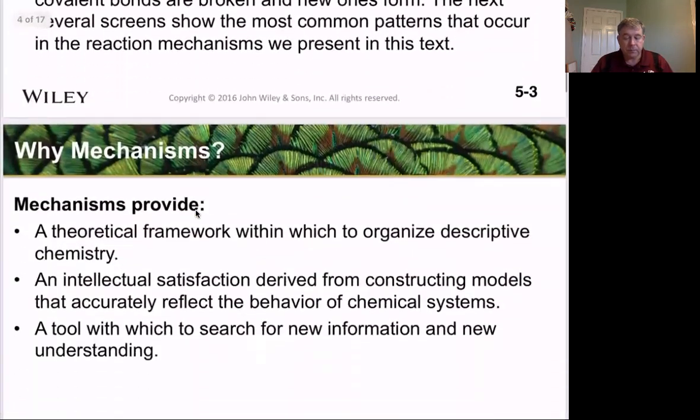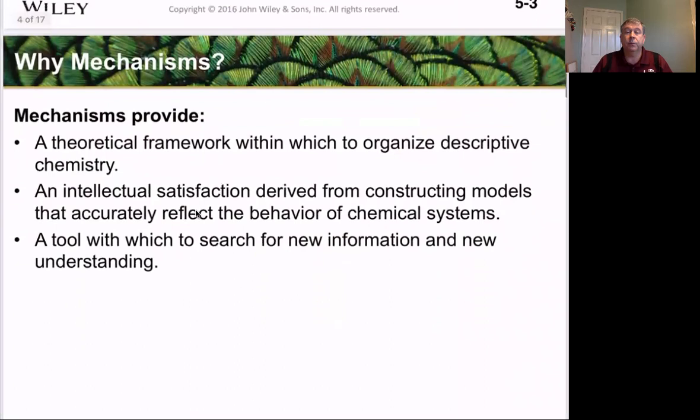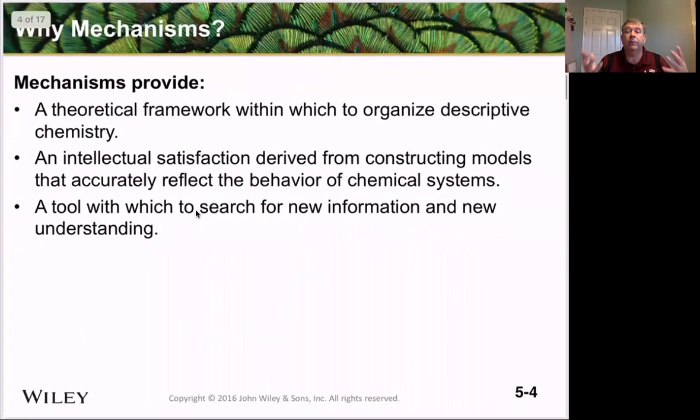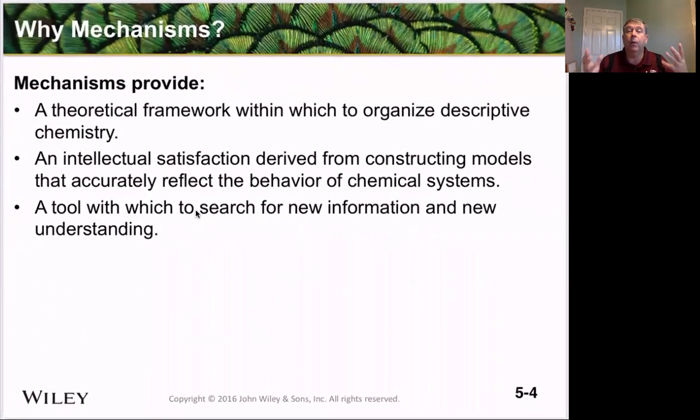Okay, so why do we use mechanisms? One, it helps us give a theoretical framework on how to organize descriptive chemistry, meaning that we have several things and they all follow the same mechanism, so they must have a similar property that allows them to react that way.